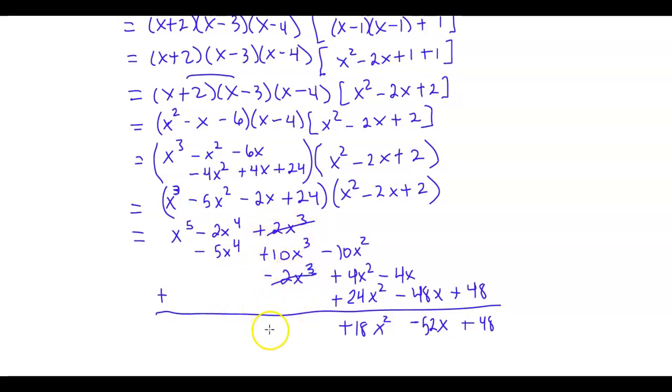These will cancel out to 0. And we have 10x cubed there. Negative 2 plus negative 5 is a minus 7, so this will be minus 7x to the fourth. And then, of course, we have x to the fifth. So this would be our resulting answer for this particular problem.